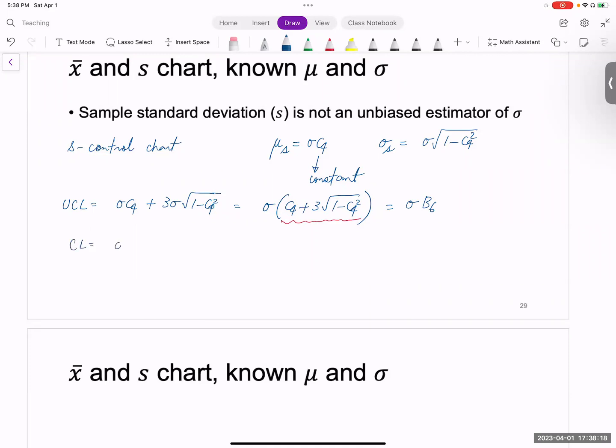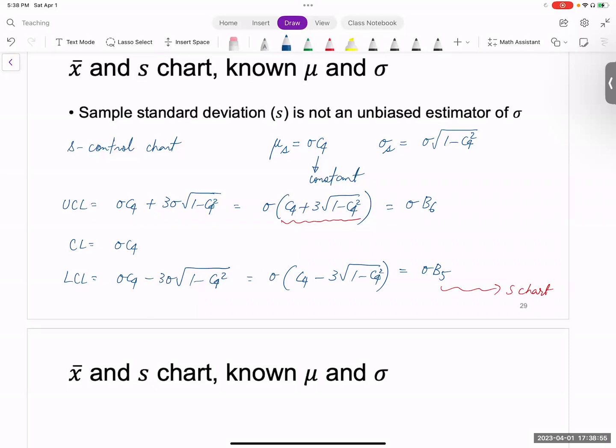The central line is simply sigma times C4, and then your LCL is sigma times C4 minus 3 sigma times square root of 1 minus C4 squared. This is equal to sigma times (C4 minus 3 square root of 1 minus C4 squared). This is equal to sigma times B5. And then that gives you an S chart. So this is your S chart.